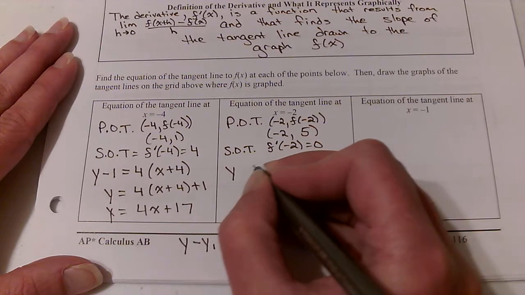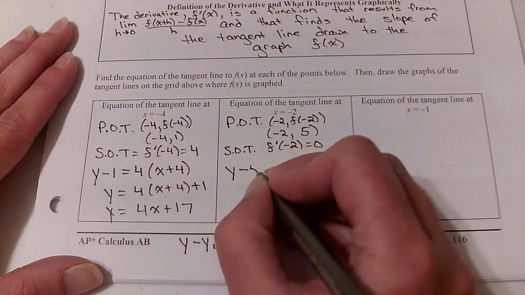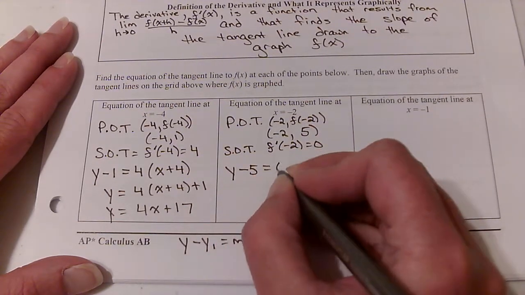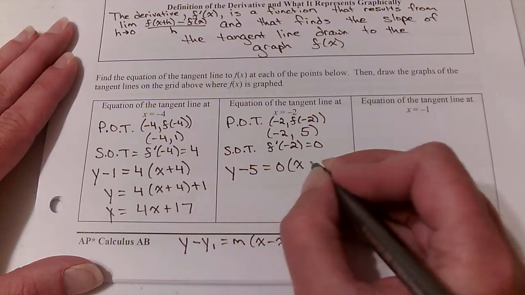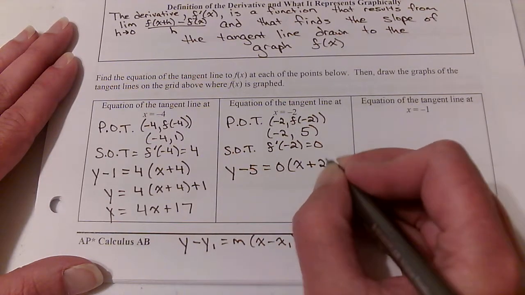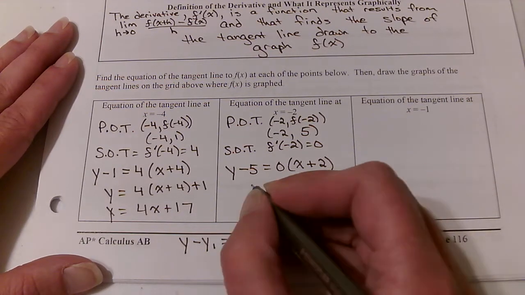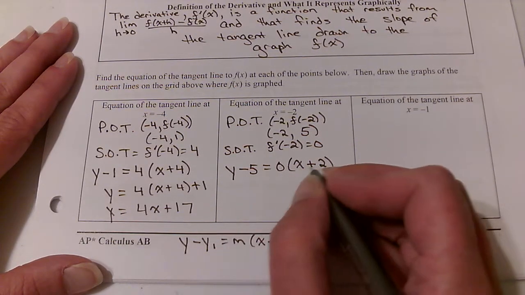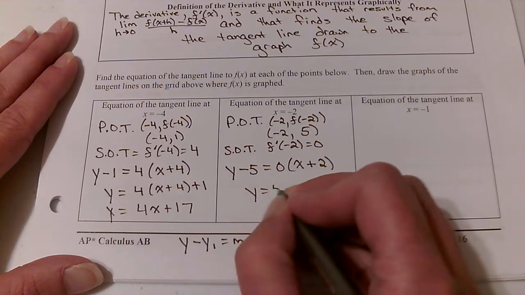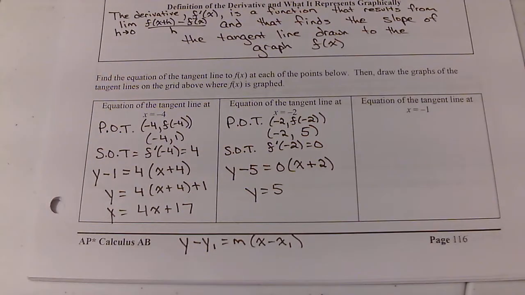So y minus the y value equals the slope times x minus negative 2. Well, that's just 0, so this is just the line y equals 5, which makes sense because it's a horizontal line.